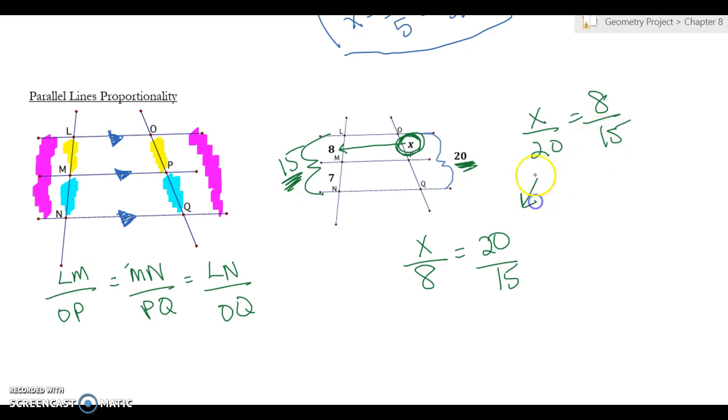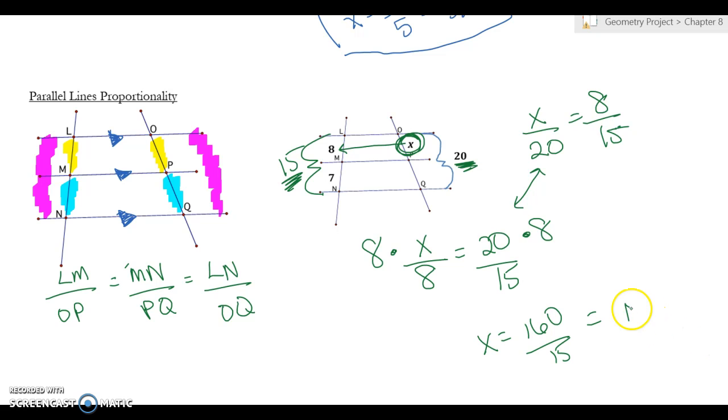So either of these fractions or these proportions work. You could set it up either way, you just have to decide what works better for you or what you prefer. So to get rid of a divide by 8, I times by 8, and so I get 160 over 15. You can leave it like that, or you can divide it out, and that's 10.67.